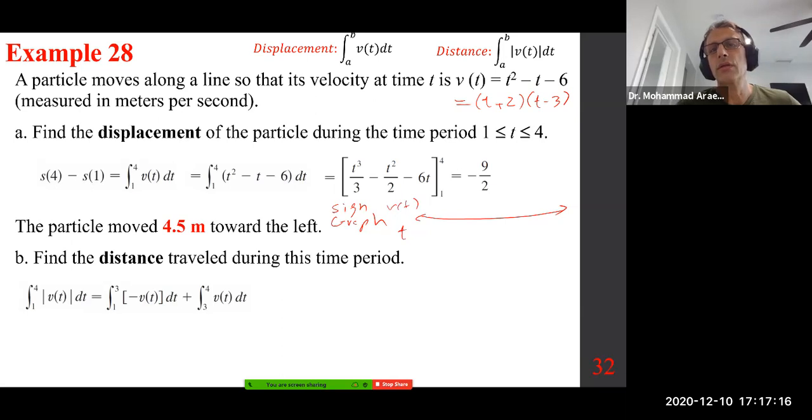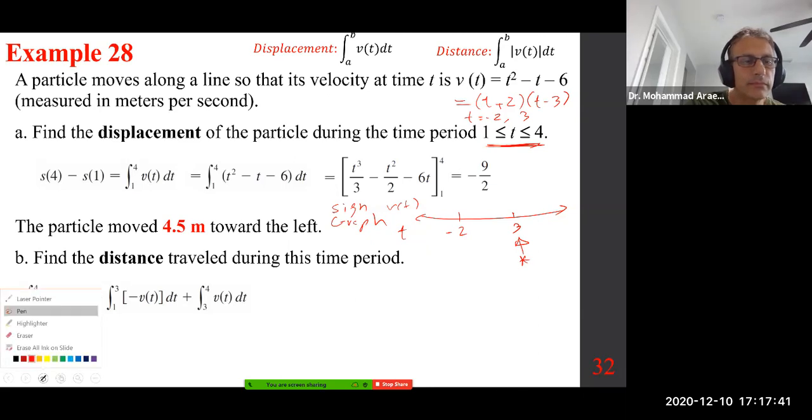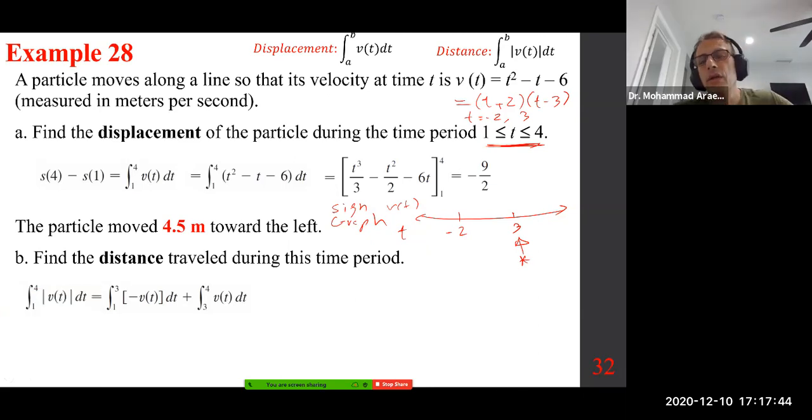So t becomes negative 2 and positive 3. The only number we are concerned with is 3 because we are evaluating from 1 to 4. So to the left of 3, you can pick a number and evaluate. Maybe even 0 is a good choice for a test point.